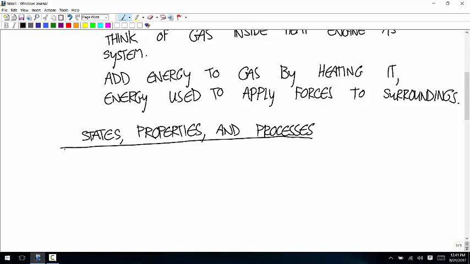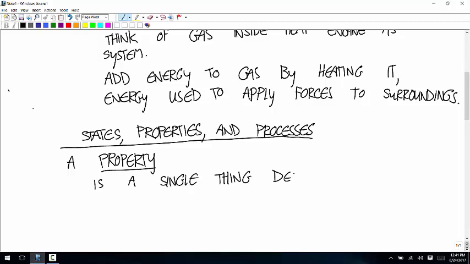Okay, so a property is a single thing describing a system at a single instant.